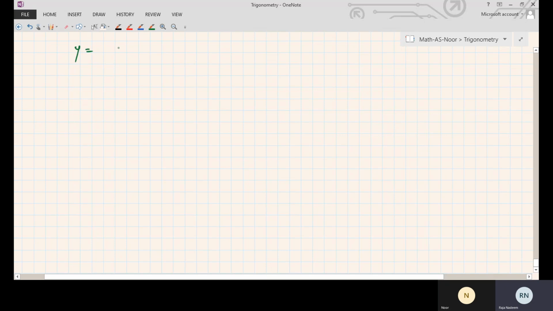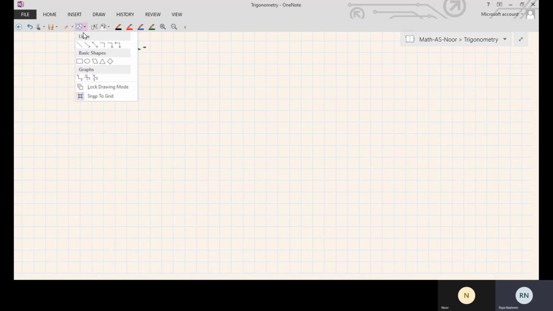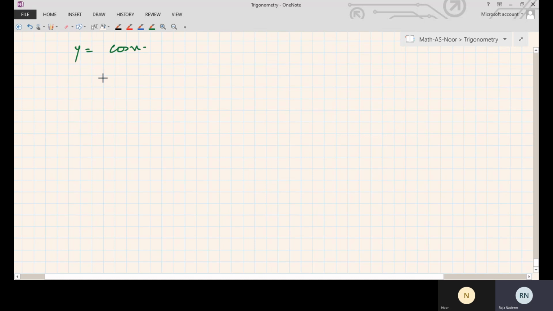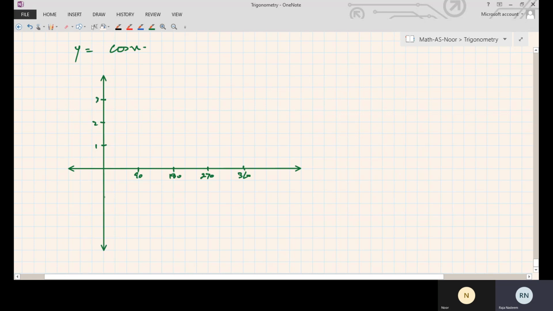Now y is equal to cos of x. 90, 180, 270, and 360. This is 1, 2, 3, minus 1, minus 2 and minus 3.